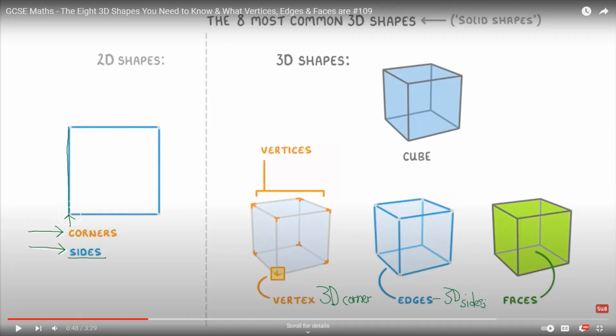And then we don't really have a word to describe what the face looks like in the 2D shape. Does anyone feel like you have some kind of comparison? What would we say corresponds with the face of a three-dimensional object in two dimensions?